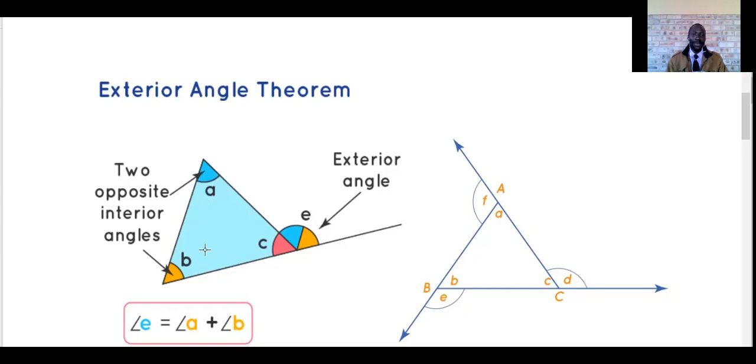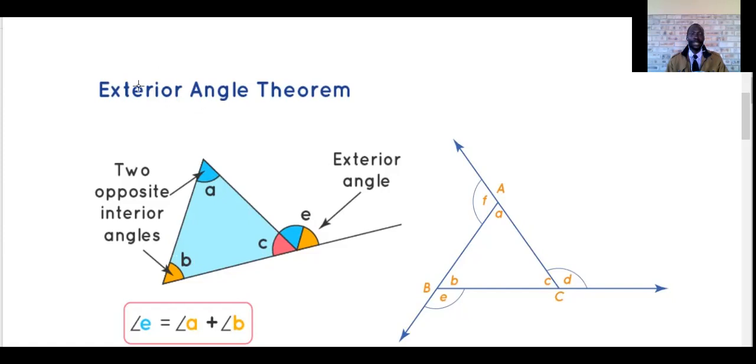A is 60, B is 60, and C is 60. And one thing we noticed is that when you add 60 to 60 to 60, what you get is 180 degrees.